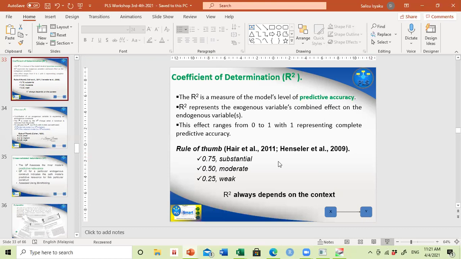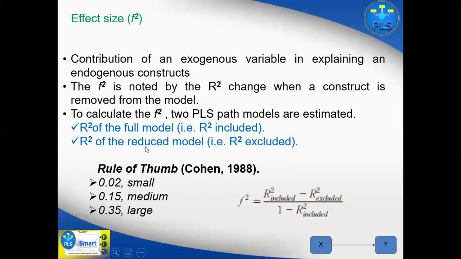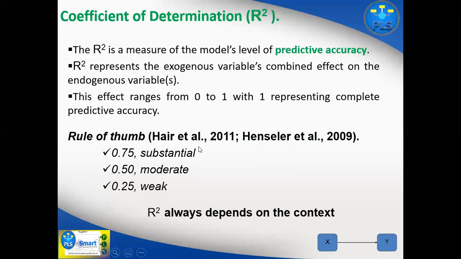Understand it this way. You have 0.75, that means 75%. If you have 75% and above, substantial. If you have 50% and above, moderate.